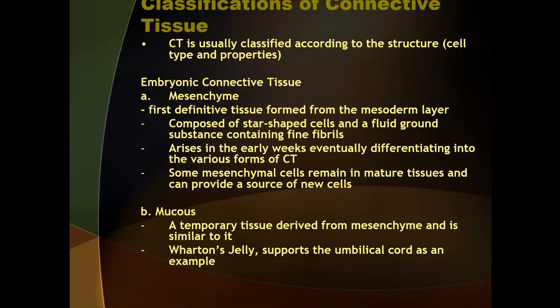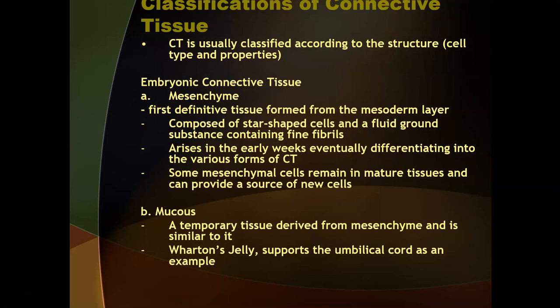So the first, as we just talked about, was mesenchyme. It is the first definitive tissue formed from the mesoderm layer, remembering those 3 layers. We tend to find star-shaped cells in this tissue and a fluid ground substance containing fine fibrils. And as we know, they are reticular and will eventually turn into collagen fibers. It arises in the early weeks, eventually differentiating into the various forms of connective tissue.